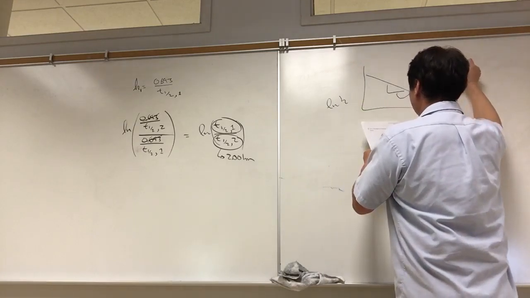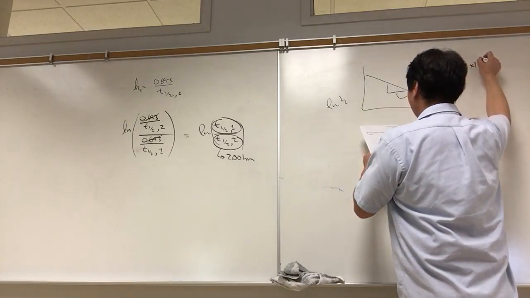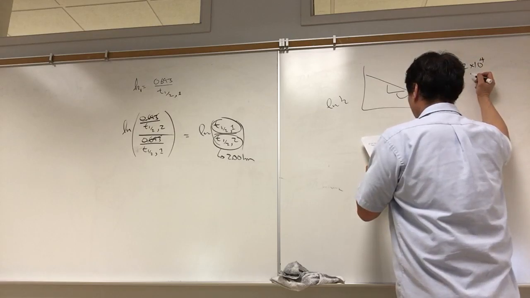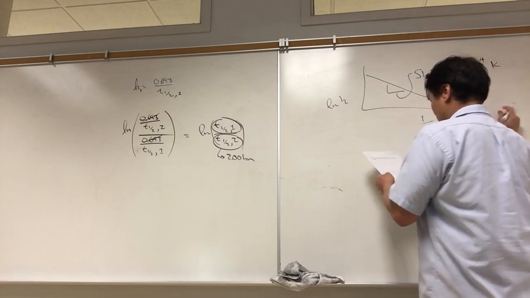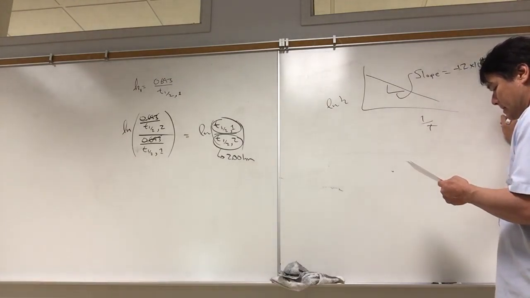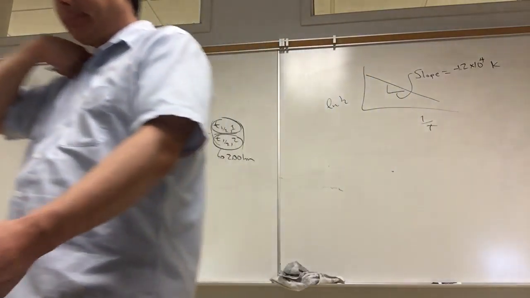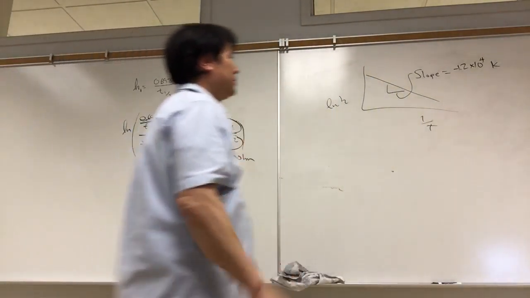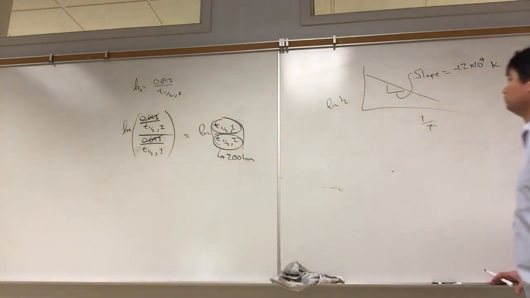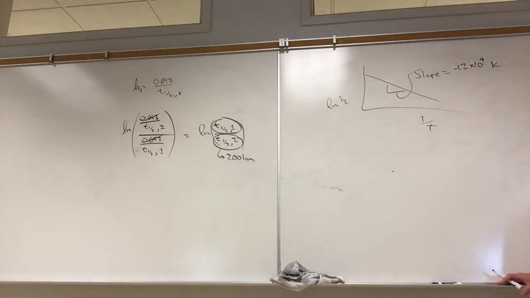The slope is equal to minus 1.2 times 10 to the 4 Kelvin. And so what can we get from this slope? This is going to equal minus E sub A over R.